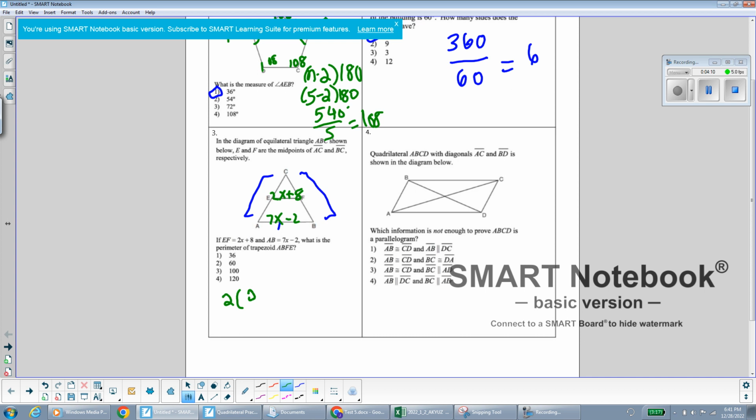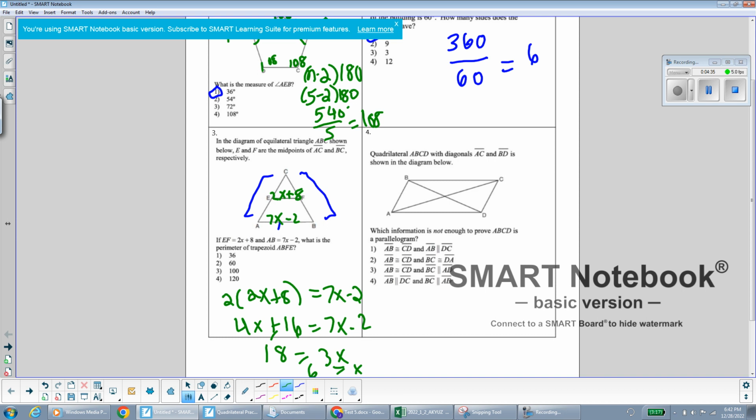So if I take 2 times the midsegment, I get the side that it's not touching. Quickly solving, that's 4x plus 16 is equal to 7x minus 2. Subtracting 4x from both sides, adding 2 to both sides, that is 18 is equal to 3x. And then dividing by 3, we have x is equal to 6.